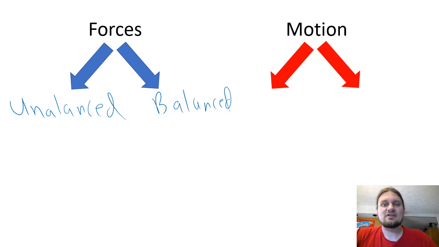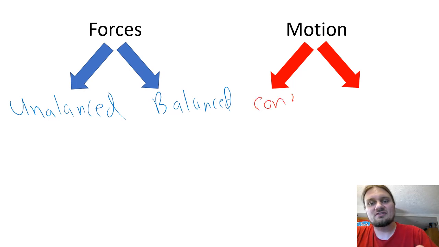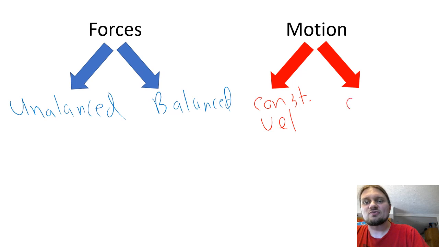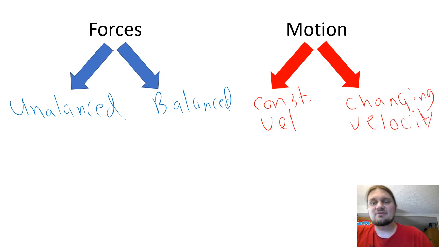And then with motion, we have motion with a constant velocity, and then we have motion with a changing velocity. Now notice I didn't say moving or not moving, because in the realm of Newton's laws, not moving is not really a special state of motion.